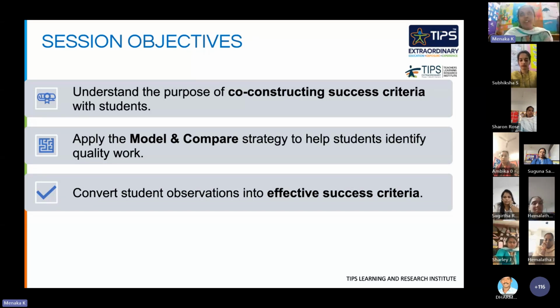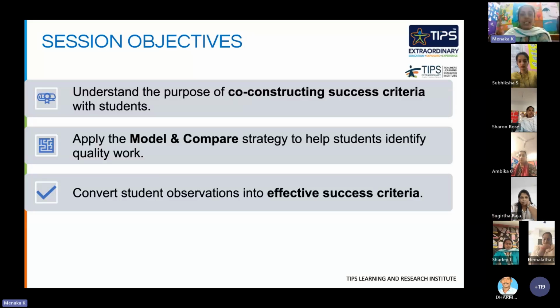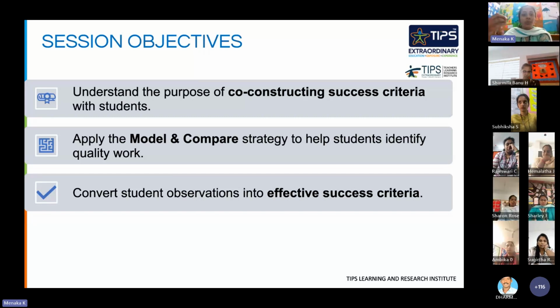So when we plan our lesson, usually we use a KUS document, right? At the time when you're planning your learning goal, at that time itself, we can create our success criteria from the teacher's end. When we create our KUS document, we create our learning goals for the particular topic. That particular time itself, we can create our success criteria, and we can have that in hand when we want to discuss with the children.